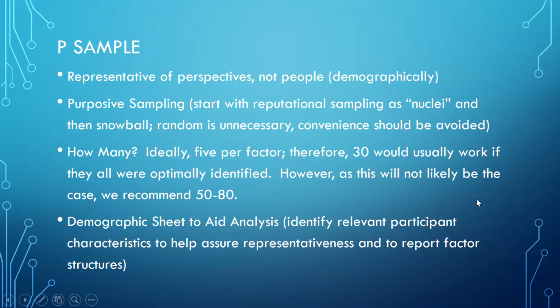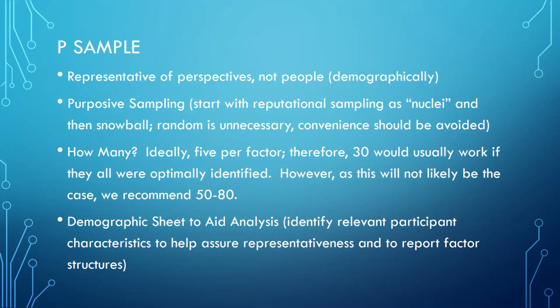So, all right, your P sample is your participants. In Q methodology, they're called the P sample. And we want that particular P sample to be representative of perspectives. So you want to have a wide variety of perspectives. Typically, this involves very purposive sampling.